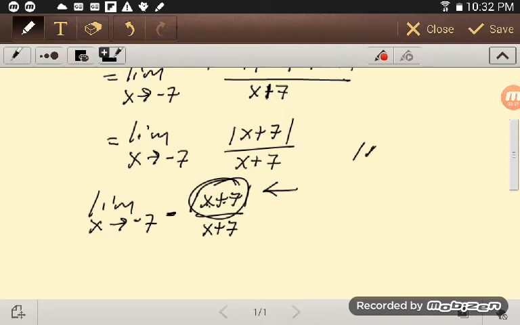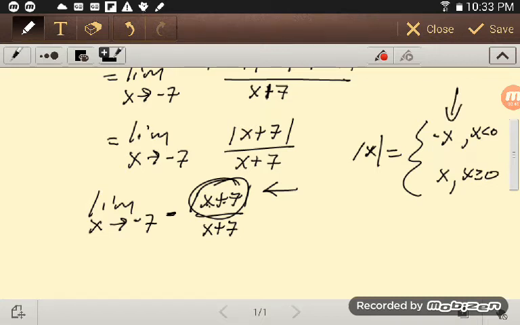Okay. The absolute value function is a piecewise defined function. It says this is -x when x is less than 0, and it's x when x is greater than or equal to 0. This often blows people's minds, but when whatever's in there is negative, you take the negative of it. If I put a -3 in here, the absolute value is the negative of -3, so I get 3 that way.